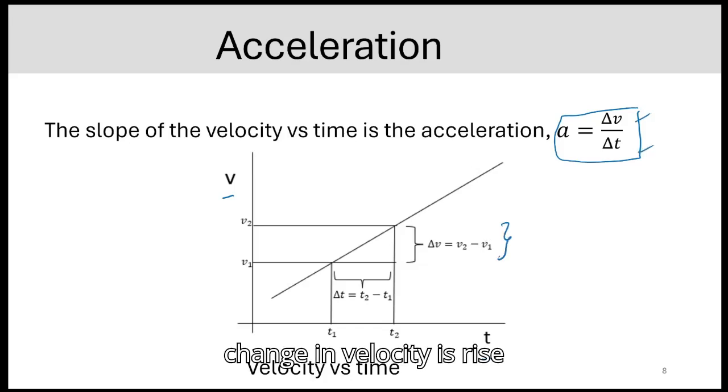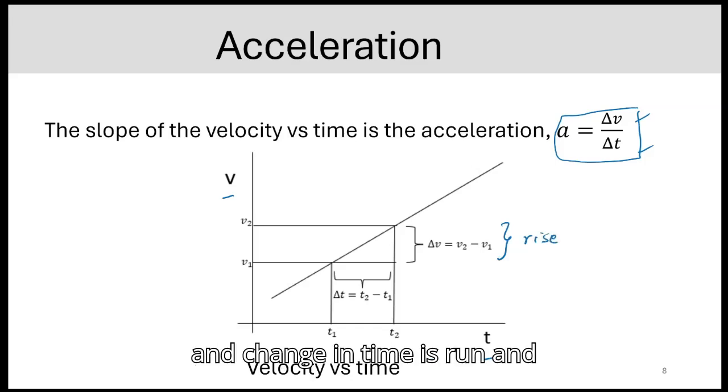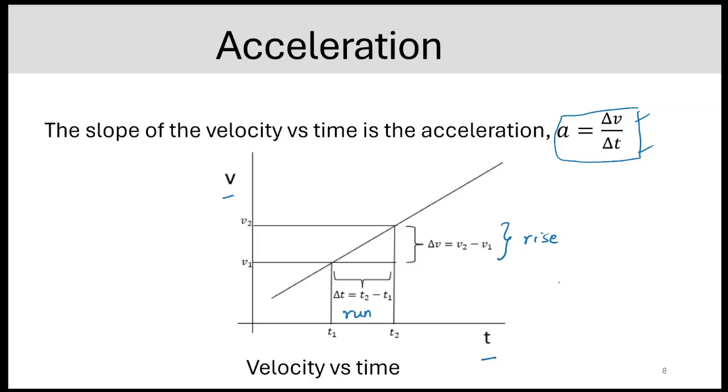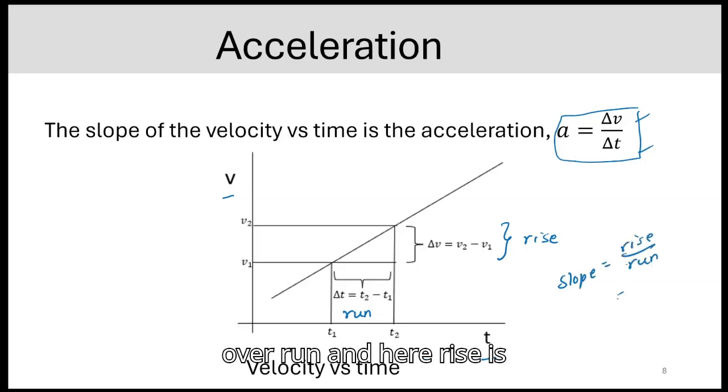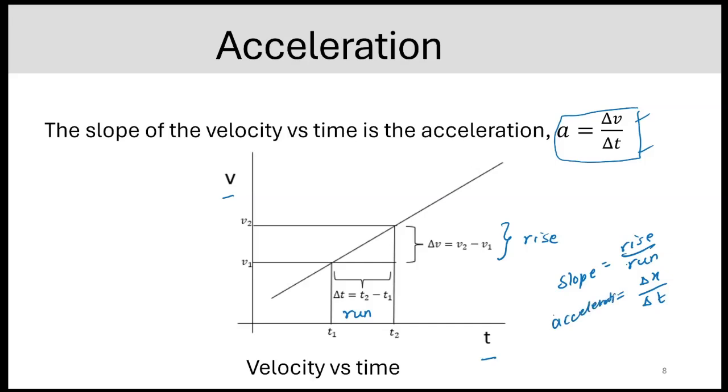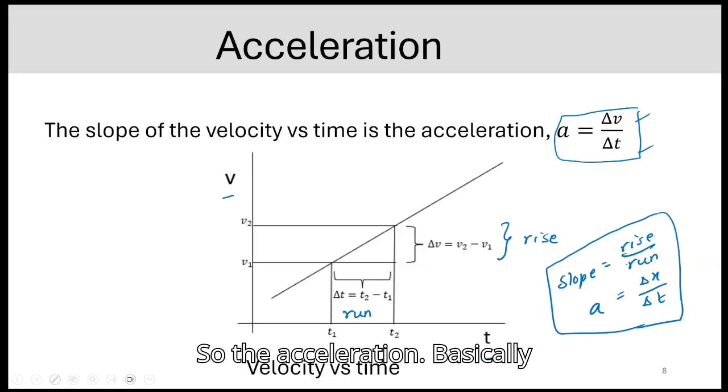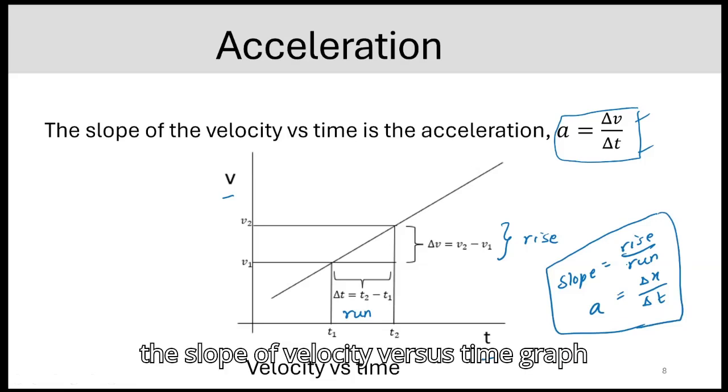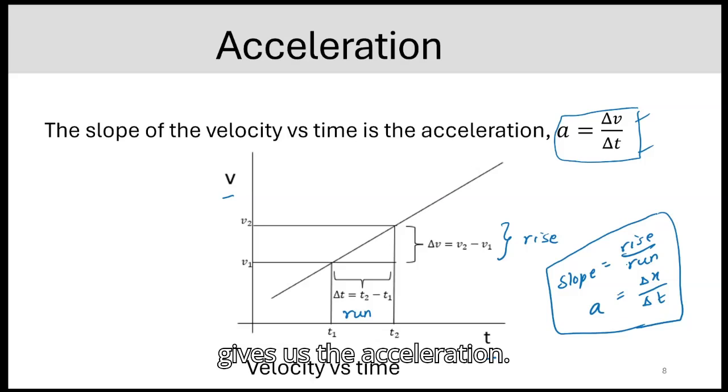Basically change in velocity is rise and change in time is run, and the ratio of rise over run is the slope, and slope is equal to rise over run. So the basically the slope of velocity versus time graph gives us the acceleration.